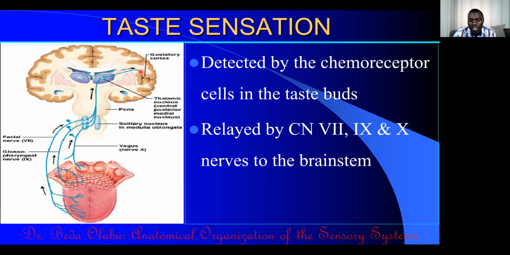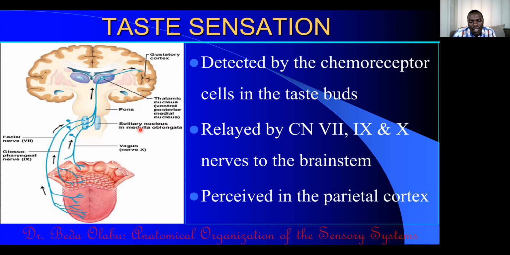The region of the cerebral cortex that will be receiving these sensations regarding taste is the parietal cortex. It is the one that houses the primary gustatory area, area number 43. That area number 43 is in the parietal cortex adjacent to the insular cortex.